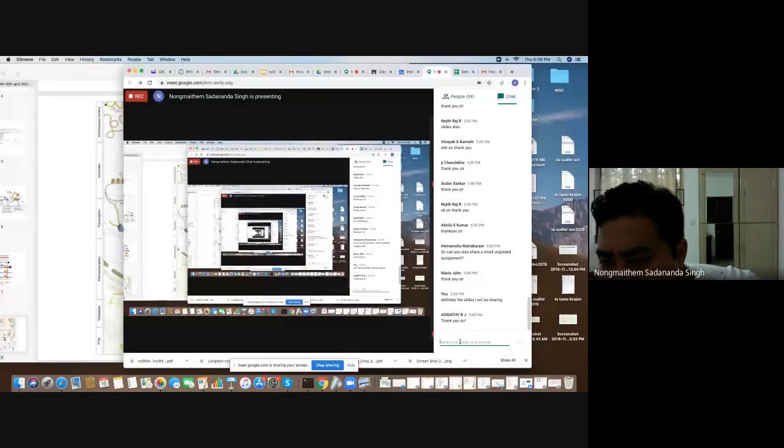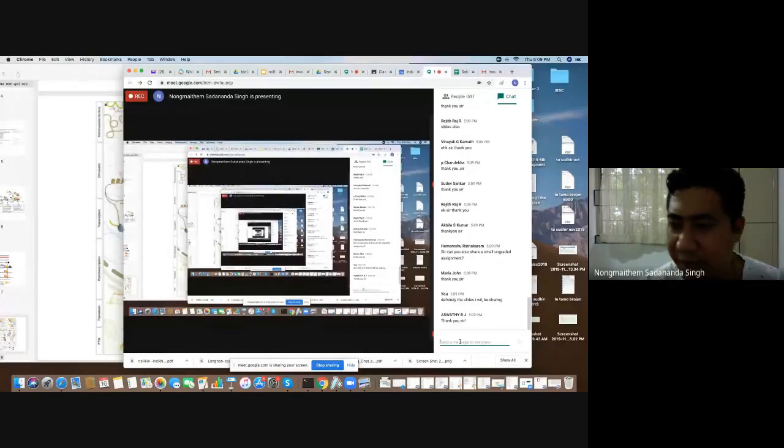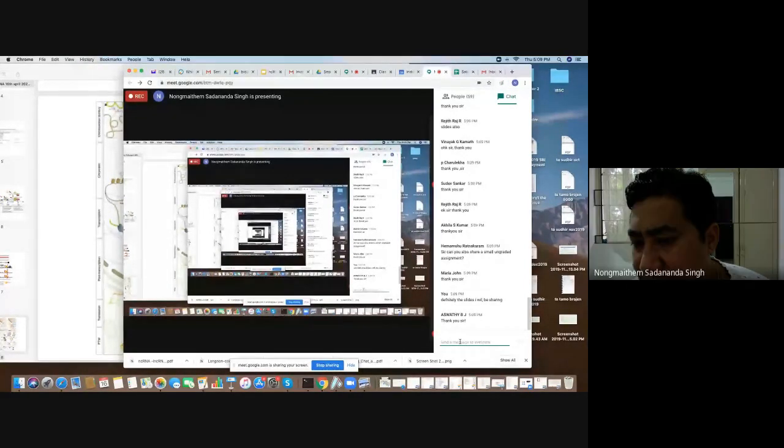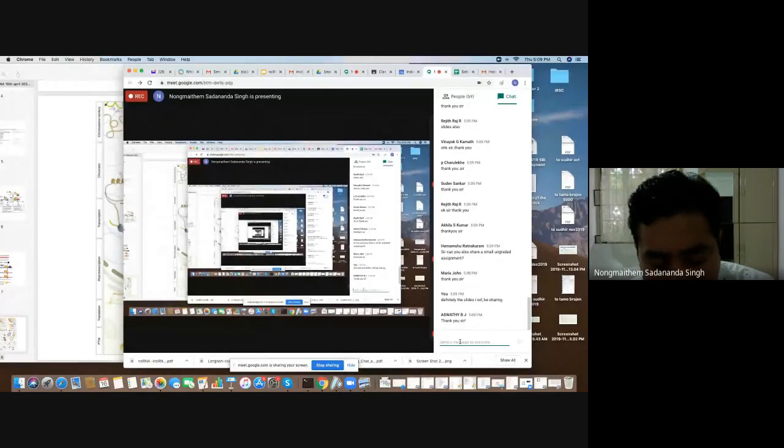We can also share a small ungraded assignment. Yeah, we can think about it. Some of the sections we need to discuss are the applications of molecular biology, something like protein expression, then cloning.